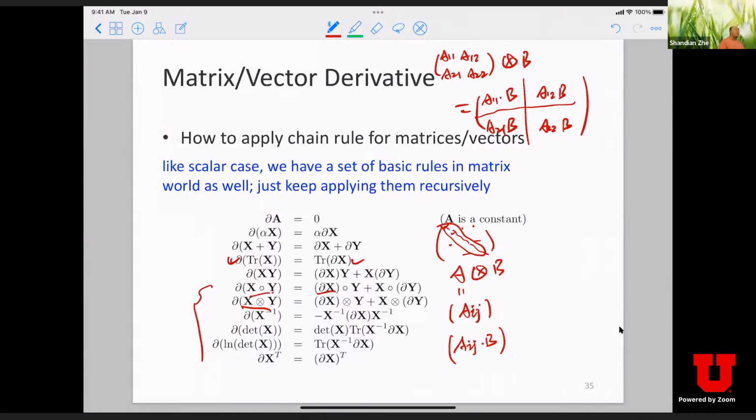Just to let you know, in the future you might have to deal with it. There are many nice properties of the Kronecker product. But anyway, the derivative of a Kronecker product between matrices can be decomposed in the same way as you do the element-wise product and also the normal matrix product. So this is a very nice property, right?